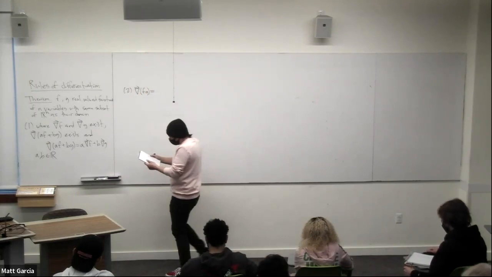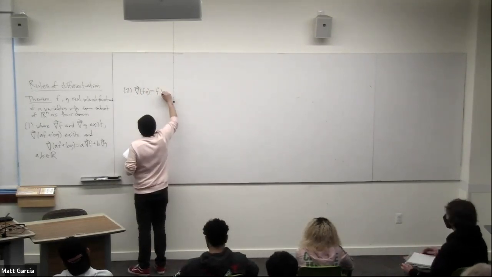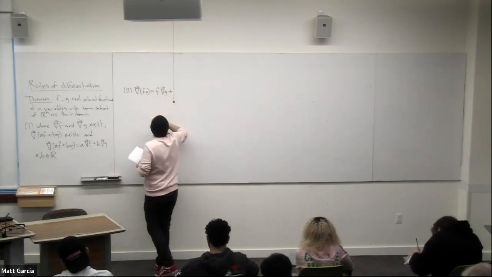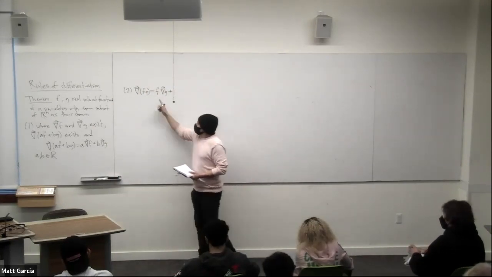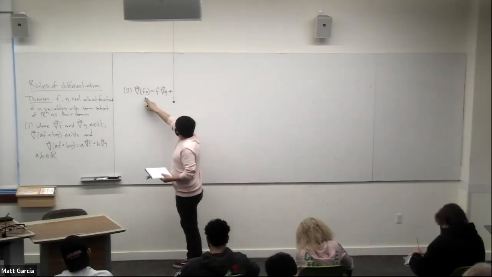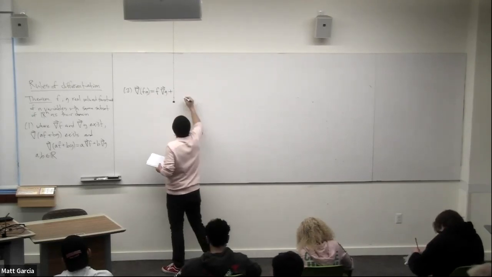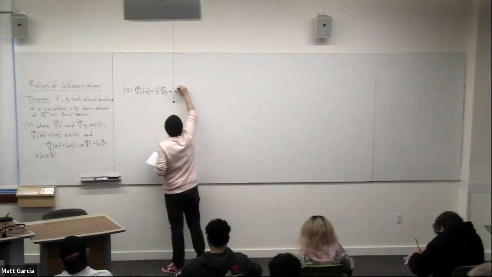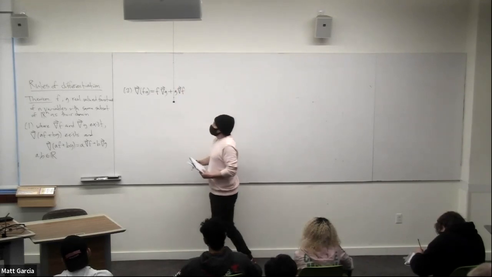In particular, it's just what you would expect, carrying this analogy of treating the gradient like a derivative. You have one of the functions times the gradient or derivative of the other, plus the second function times the gradient of the first.